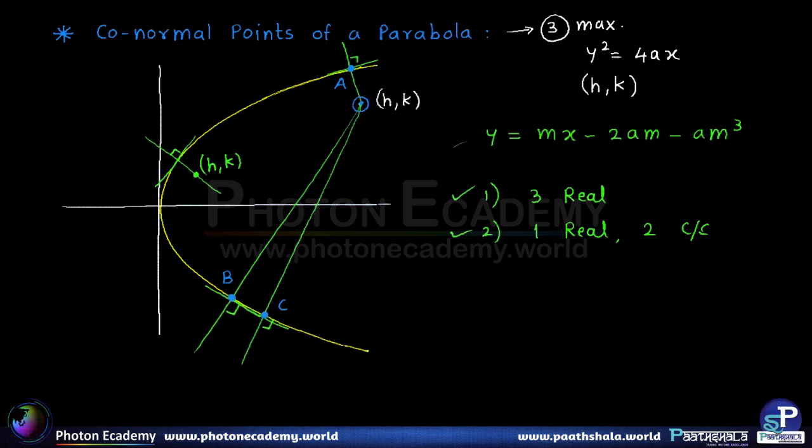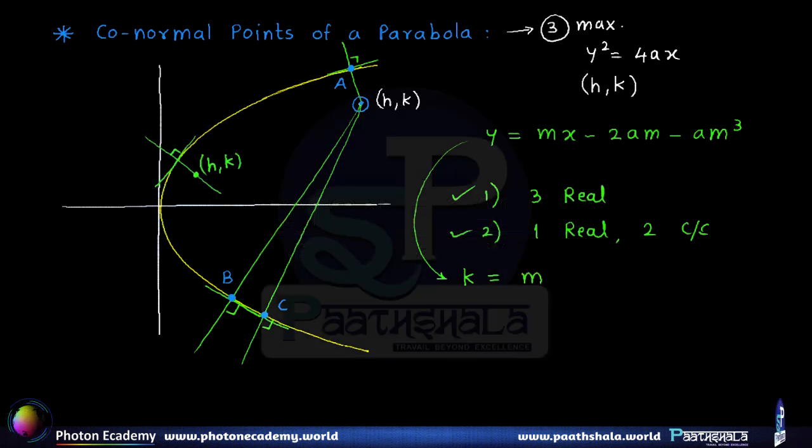Now if we substitute x and y with the point h comma k, that means in place of y we write k and in place of x we write h, so we get this particular equation.